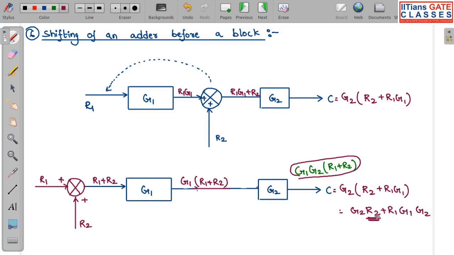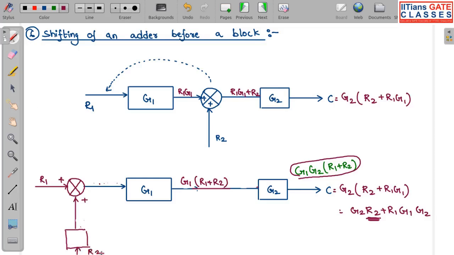So now what I am going to do, basically here when I have taken this block behind, look very carefully, I am going to add one block over here.